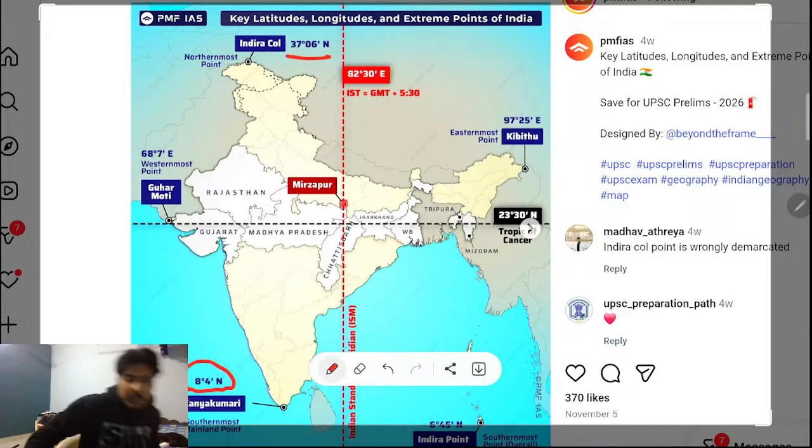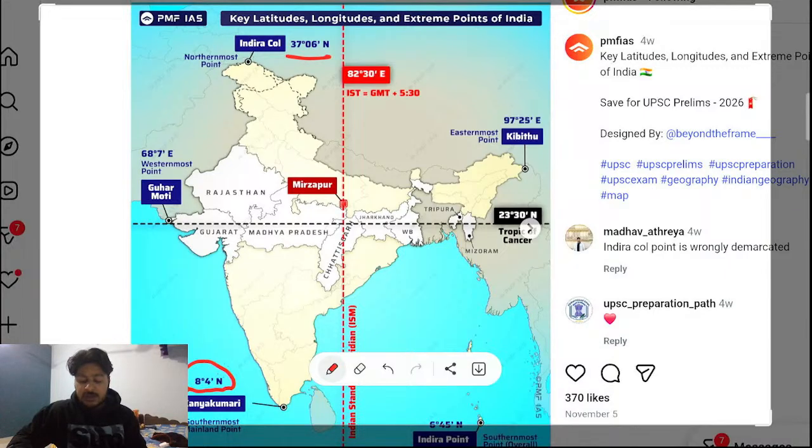Next, the east and west extension of India is 68 degrees 7 minutes east to 97 degrees 25 minutes east.